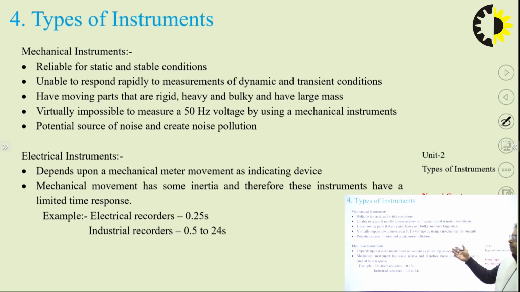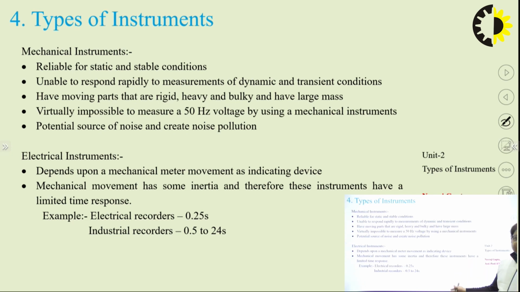While if we compare them with electrical instruments, they depend on a mechanical meter movement as the indicating device. The meter is obviously mechanical over here. Mechanical movements have some inertias because of the springs, frictions, and various other aspects, and therefore these instruments have a limited time response.